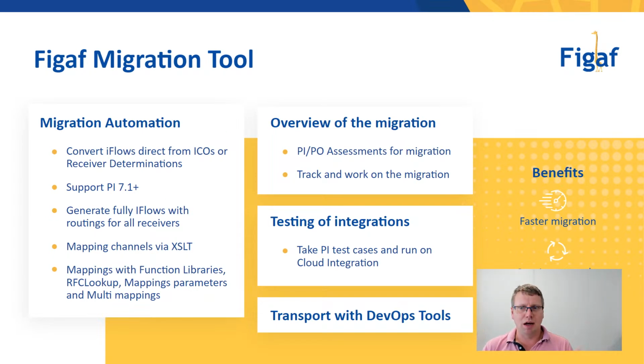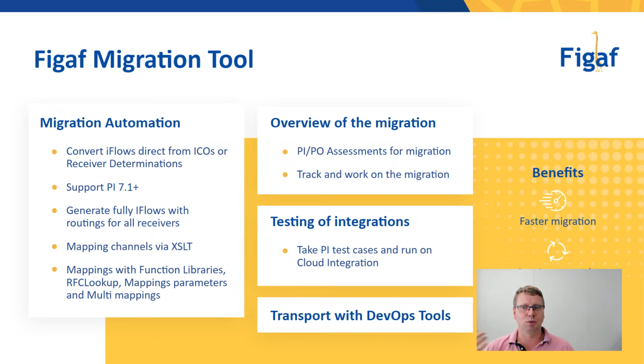So we have created a tool to automate the migration. I know SAP also have a tool that does some of these things. We support from 7.1, where you can just take an ICO or receiver determination and migrate it fully to CPI. It has routings, it has XSLT and a lot of other functionality as part of it.